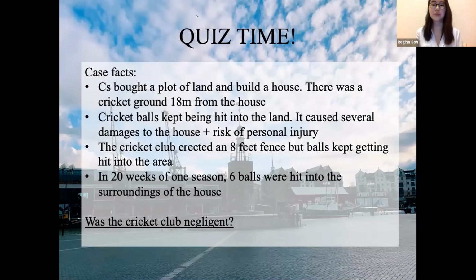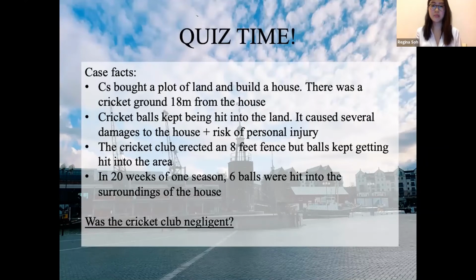So this case of Miller and Jackson was actually used to juxtapose the previous case of Bolton, saying that even though there are similar case facts, you do need to take necessary measures into hand as an employer, or basically as a defendant in general, to prevent injury from happening.